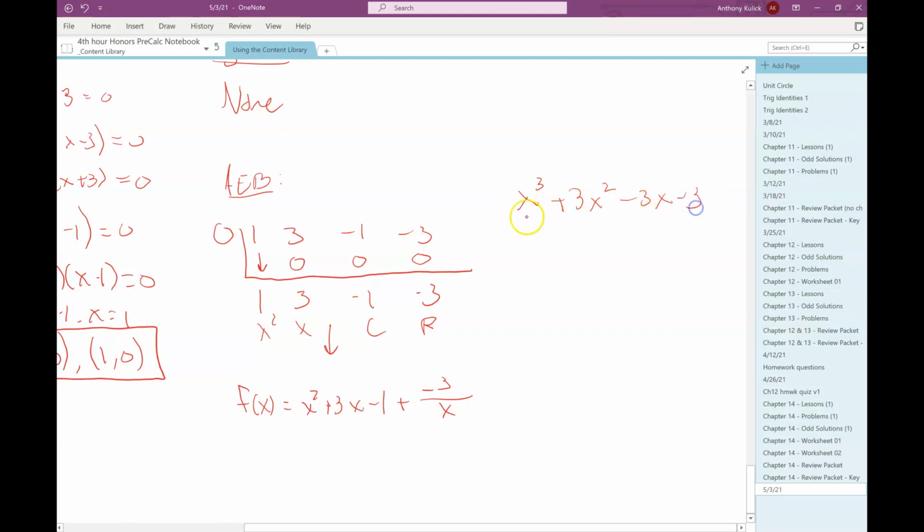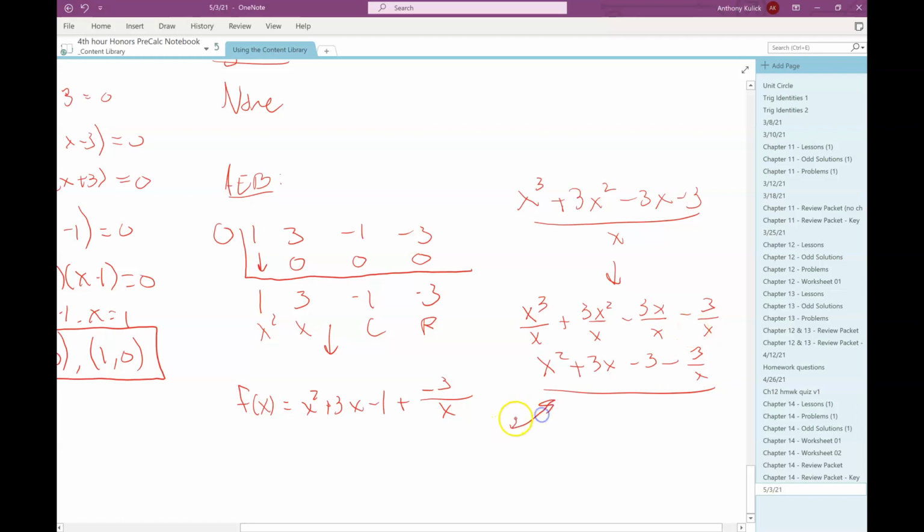So the other way you could think about this is since the denominator is a monomial, you could also do this, which is still the same thing that we got there. So you can think about it that way as well.